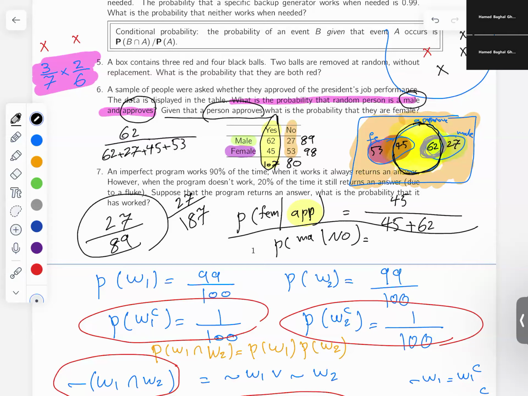What's the answer? This line. Male given no.